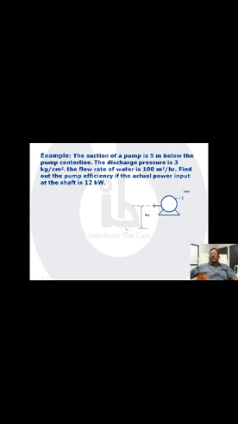Now the data which they have given, we can just write it down one by one. The suction head is given as minus 5 meter, that is below the center line. The discharge head is given as 3 kg per centimeter square. We know that every kg per centimeter square in terms of meter of water head is 10 meters. So 3 kg will come to 30 meters. The discharge is given in meter cube.